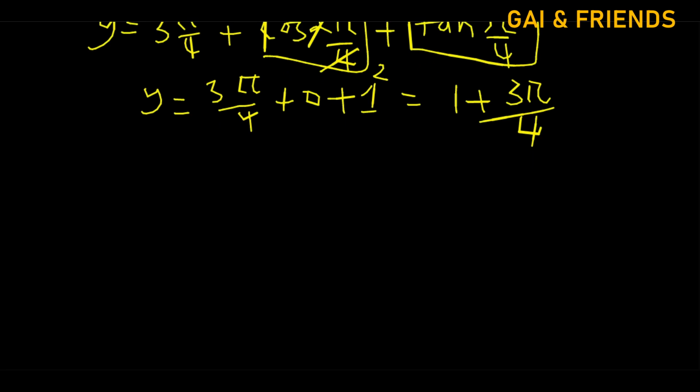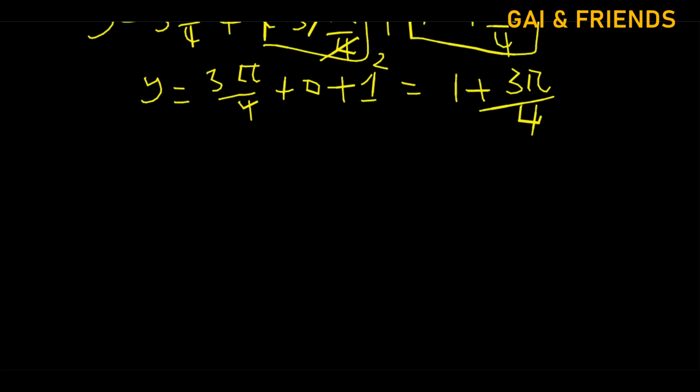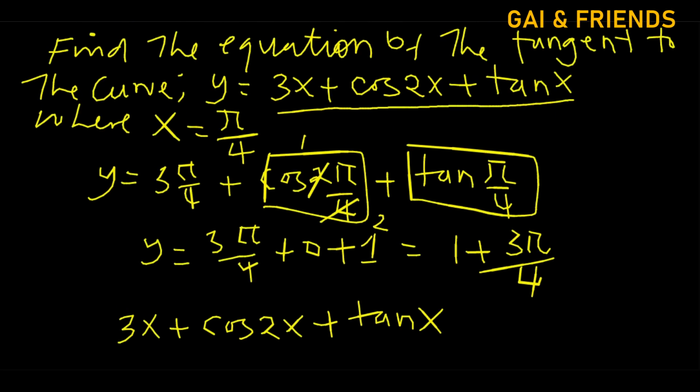Alright, now let's move to step 2. In this step, just differentiate your initial equation, which is 3x plus cosine 2x plus tangent x. This is your initial equation.